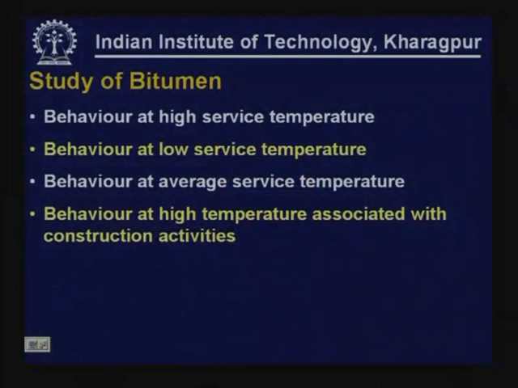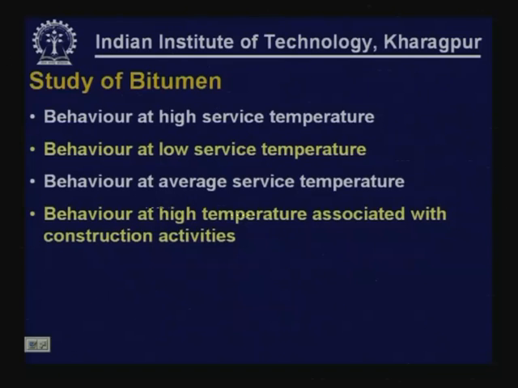This is the temperature at which the bituminous pavement is going to carry a large number of repetitions. Very high temperatures are going to be there maybe 1 week in a year. Similarly, very low temperature is also going to be there for a very short time period, but most of the time period the temperature is within a middle range. That is the time period during which most of the loads are going to be applied. So, we need to understand the behavior of bitumen at that temperature range.